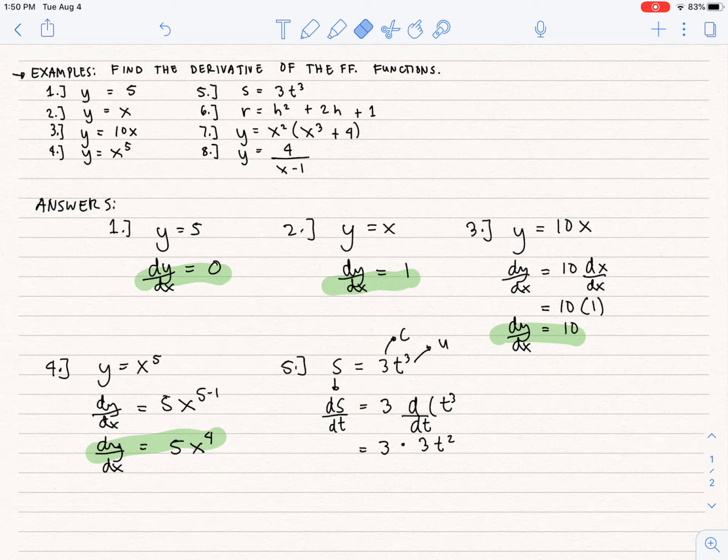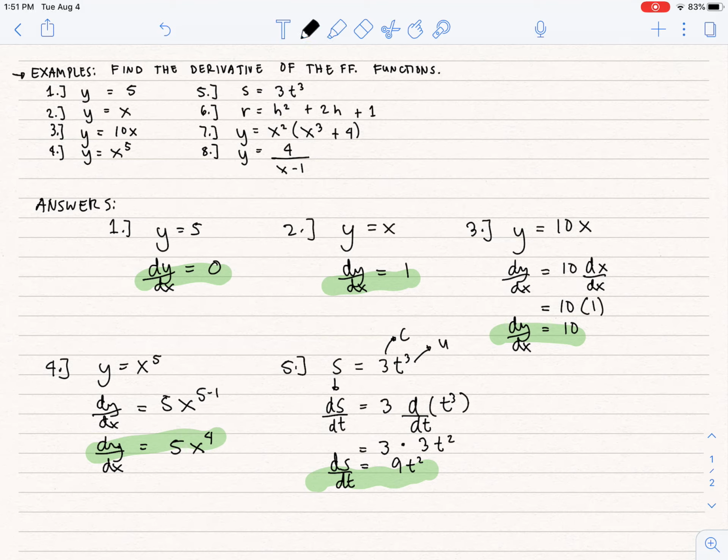Okay. So let's proceed. 3 multiplied by 3 is 9, then multiplied by t squared. So therefore the derivative of s with respect to t is just 9t squared.